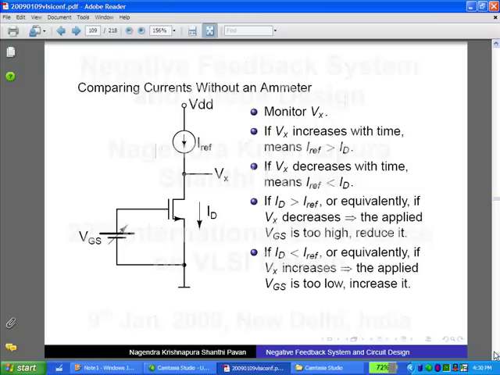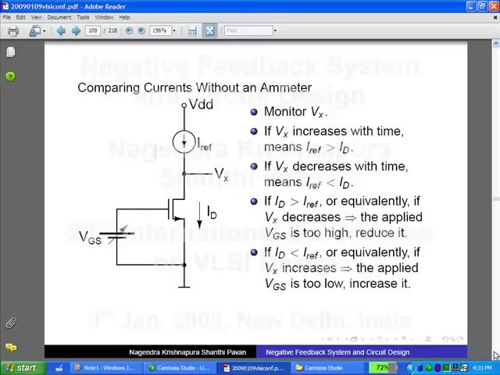The process of comparison is subtracting one from the other. How do you subtract currents? Do you think it is a terribly difficult thing to do, or a very easy thing to do? With two current sources, subtracting them is the easiest thing on earth, because Kirchhoff's current law will do that for you. You just connect the two currents in series, and basically you have subtraction. Correct?